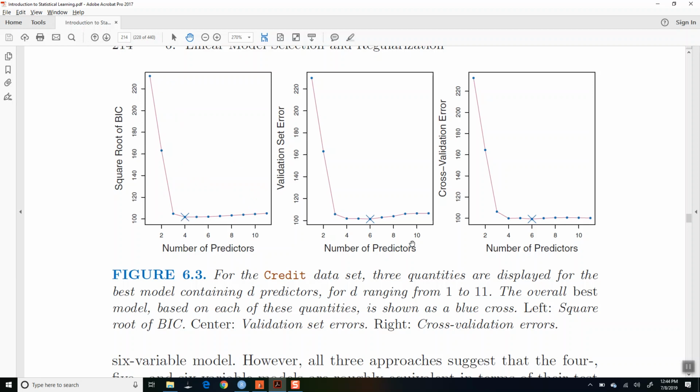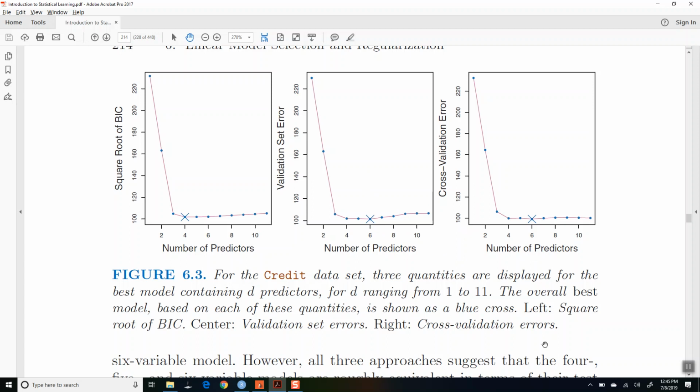And then this is one random validation set, which we know has issues of being high variation. And then this is tenfold cross-validation. They both kind of selected 6 predictors. But again, for our simulated data, do we use 4, 5, or 6 predictors? Probably doesn't make a ton of difference here.